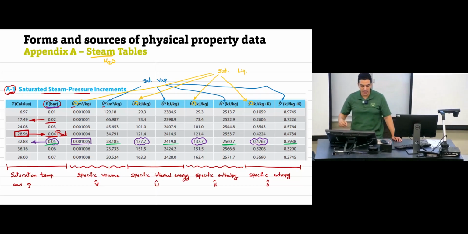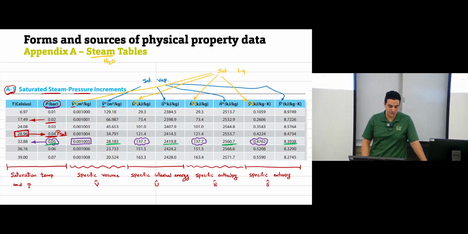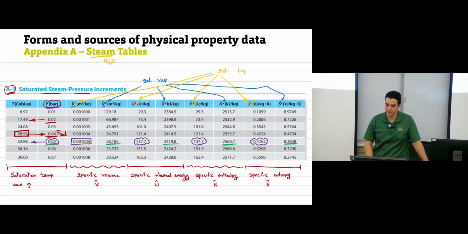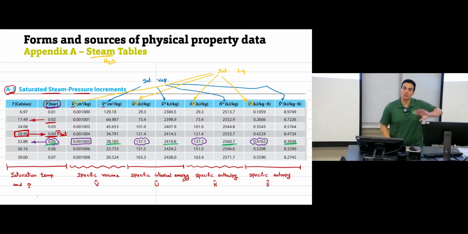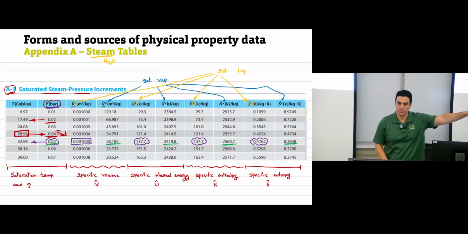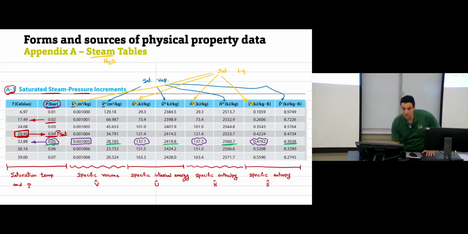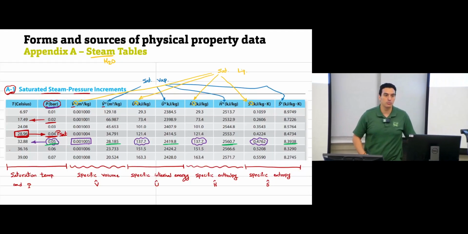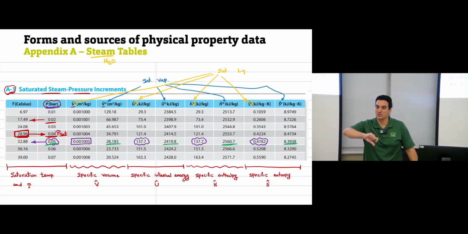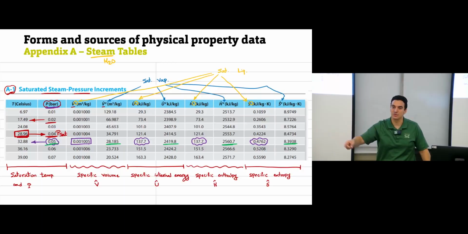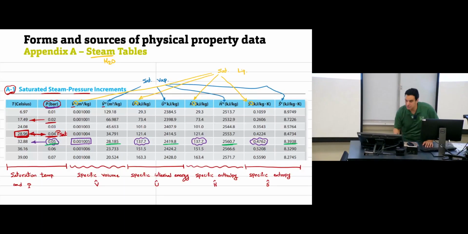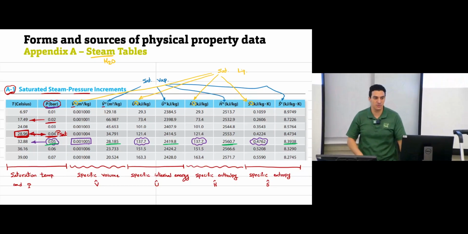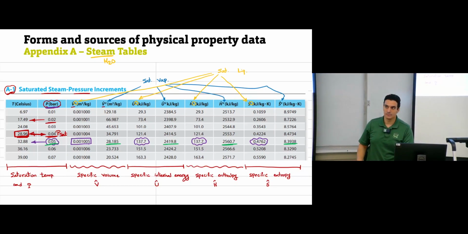So if I tell you I have 28.96 degrees Celsius and the pressure I have is 1 bar, now the pressure is more than 0.04, right? So I will go to the compressed liquid, A4. At 28.96 degrees Celsius, if the pressure is 0.02 bar, now the pressure is less than the saturation pressure, so I go to A3, superheated vapor. Clear? So this is how you can find which table to use based on the given information you have. Clear?